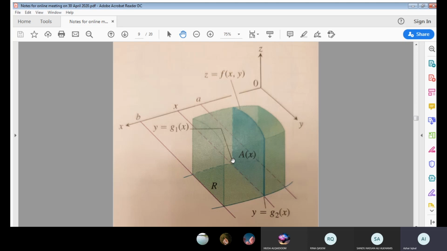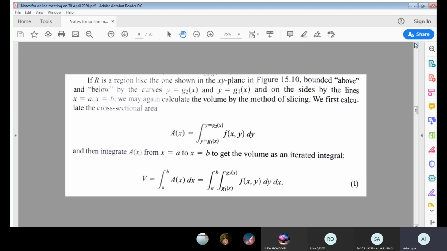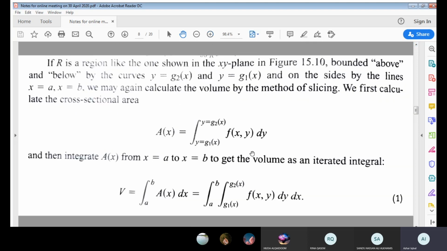Each strip has an area f of x, y multiplied with dy, and you are adding those strips together and integrating from y is equal to g1 of x to y is equal to g2 of x. So this is the area A of x.